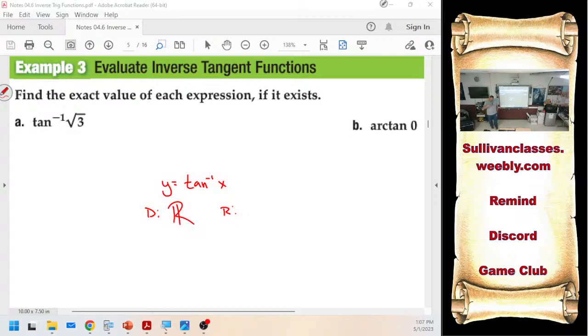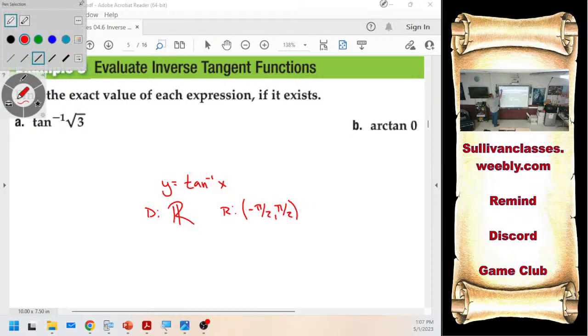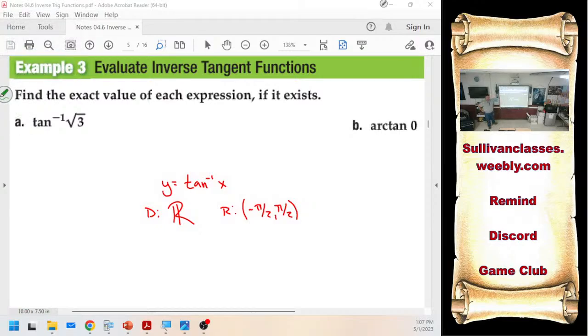That's why commandment number 4 is only arcsine, arccosine. The range, on the other hand, is from -pi/2 to pi/2, and parentheses, not brackets. So, good thing we wrote all of our tangent values next to our angles.